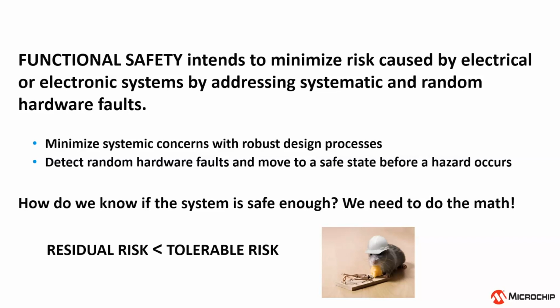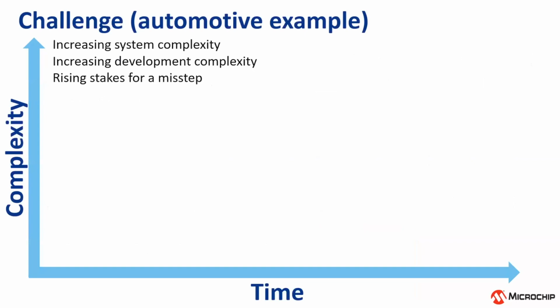So there are challenges in functional safety, and I have an automotive example here, pretty straightforward. We started out back in the 70s, where cars went from being 100% mechanical to adding electronic controls around things like fuel injection, anti-lock braking, and transmission control.